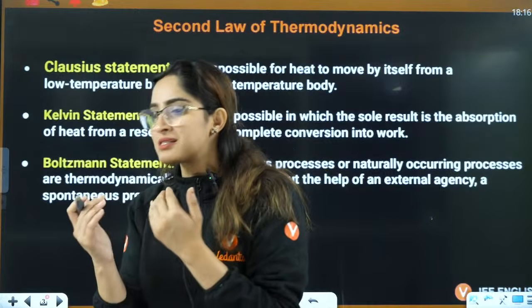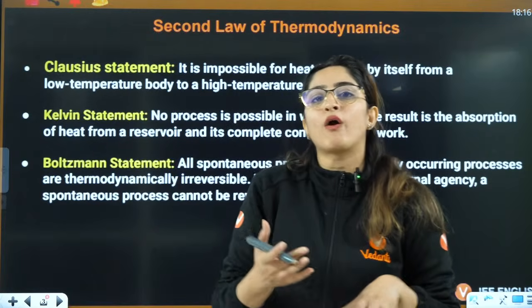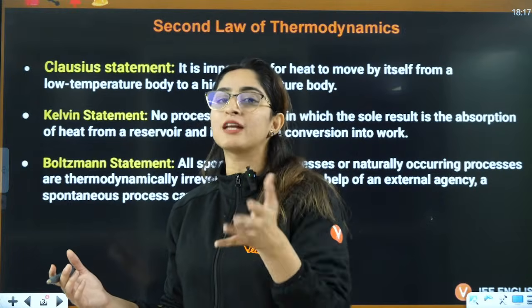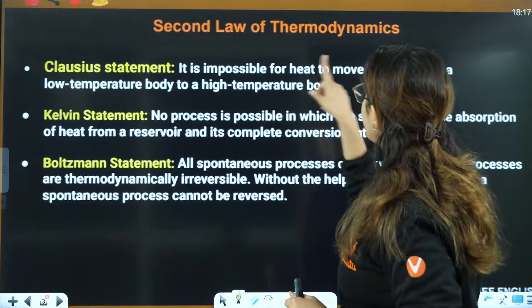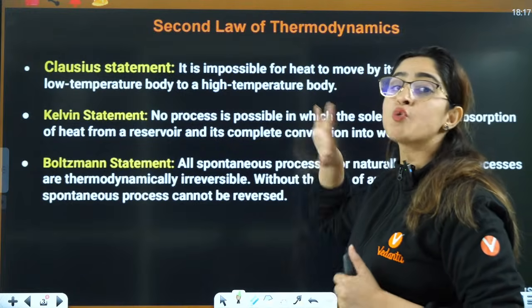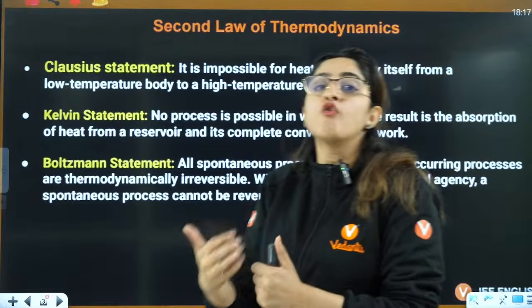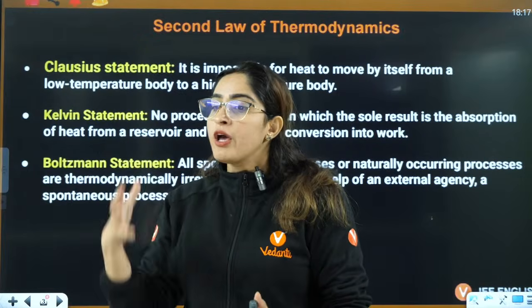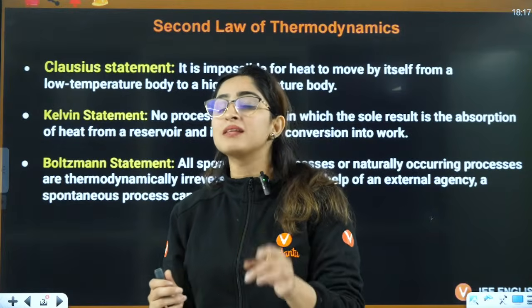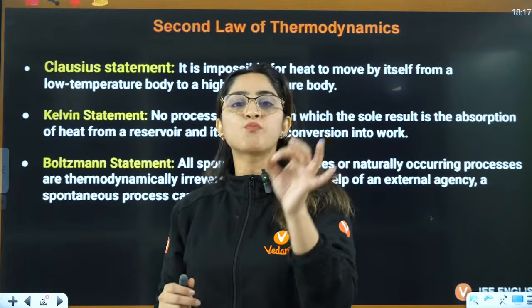Never will you see the flow of heat from a cold body to a hot body spontaneously. Heat cannot move by itself from low to high temperature; it should move by some external force. If you apply that, it will be a non-spontaneous process.